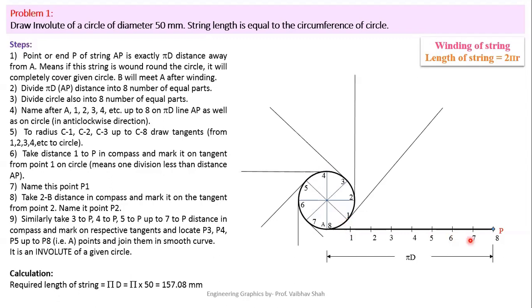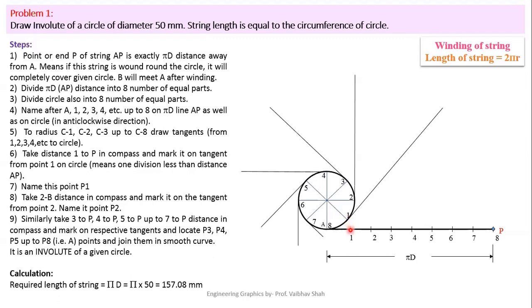So when I move this point P in the anti-clockwise direction, the first portion which will wind around this circle is the portion A to 1, or you can say 0 to 1. You can see this point 1 would come over this point 1. So it will superimpose the circle at point number 1. Now the portion of the string wound around the circle is of this length. This is the length of string which is utilized over the circle.